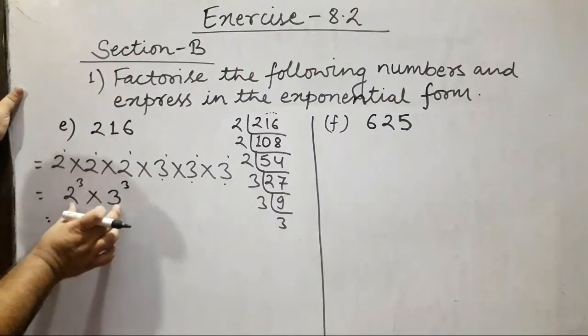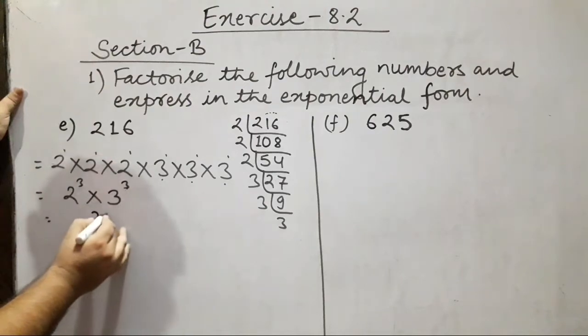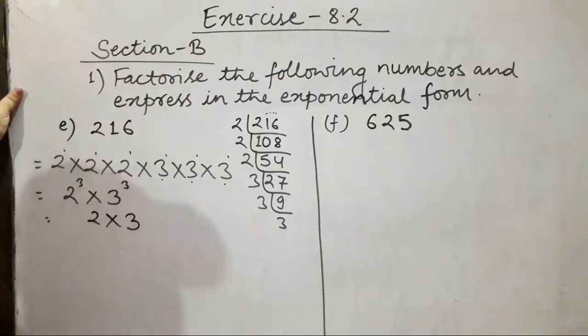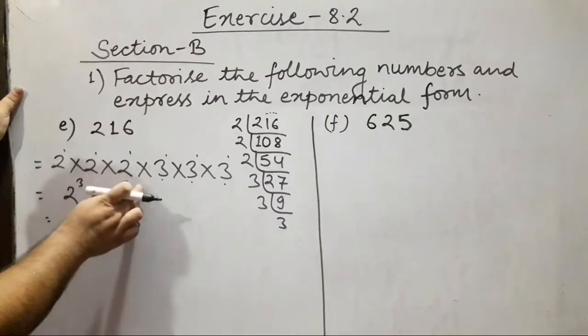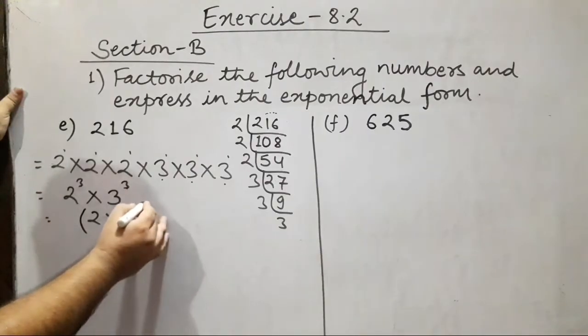Since both bases have the same power, they can be kept under the same bracket. Remember, in the power law we studied that if two bases have the same power, then they can be kept under the same bracket with a common power.